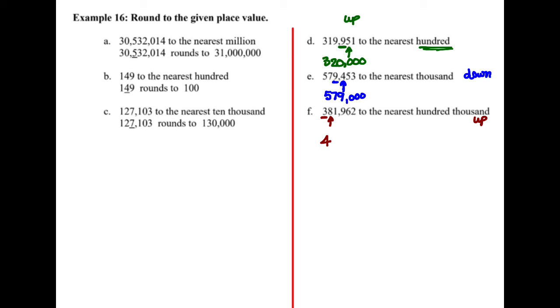So 4, and everything afterward goes to 0. Remember, if you're rounding to the nearest 100,000, you're counting by 100,000s. So 100,000, 200,000, 300,000, 400,000, those are the only numbers that could be an answer because you want the nearest 100,000. That's what you need to count by.